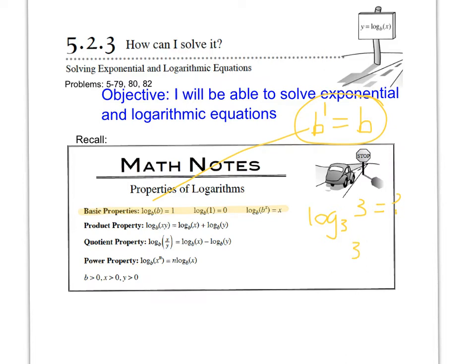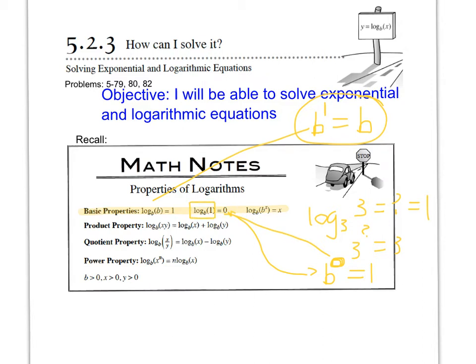Well, 3 to what power equals 3? That value has to be 1. Down here, log base b of 1 equals 0. By definition, b has to be raised to the 0 power in order to have an output of 1. That's why there's a 0 over there.